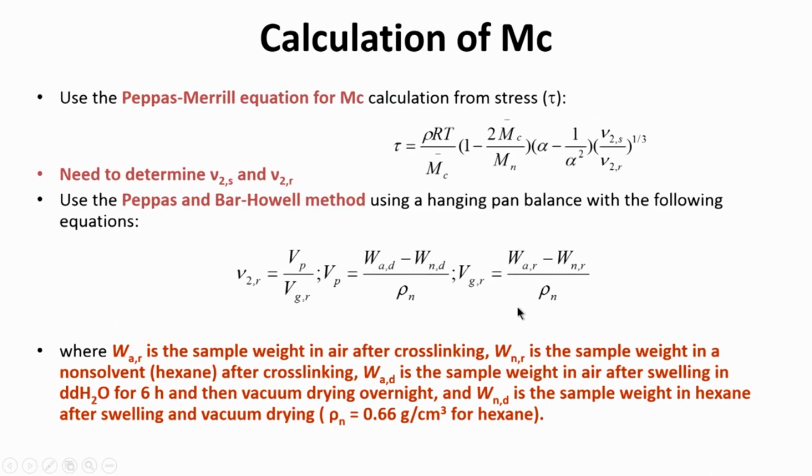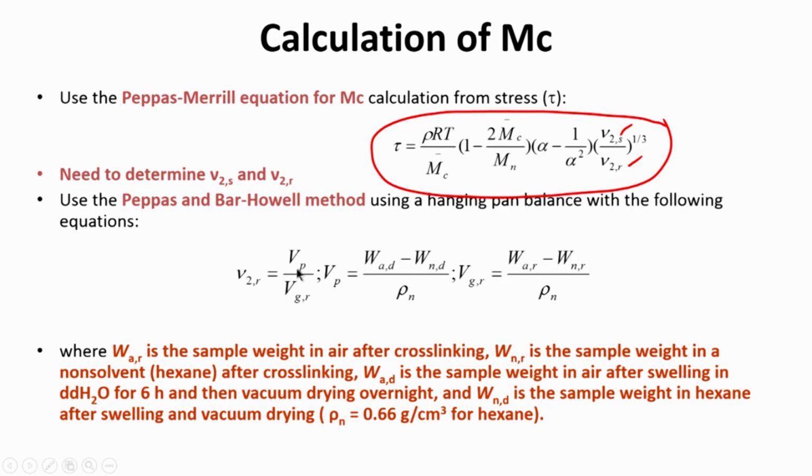So, now they can apply the Peppas-Merrill equation for Mc, and again just reiterating it here, here is the tau. If they want to apply that, there are several parameters that they do not know. What is V2S, what is V2R? These are easy to find out. They can use the hanging pan and measure this.